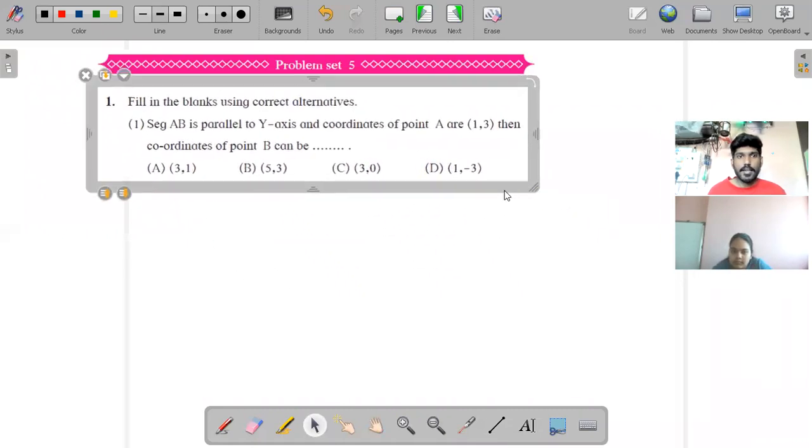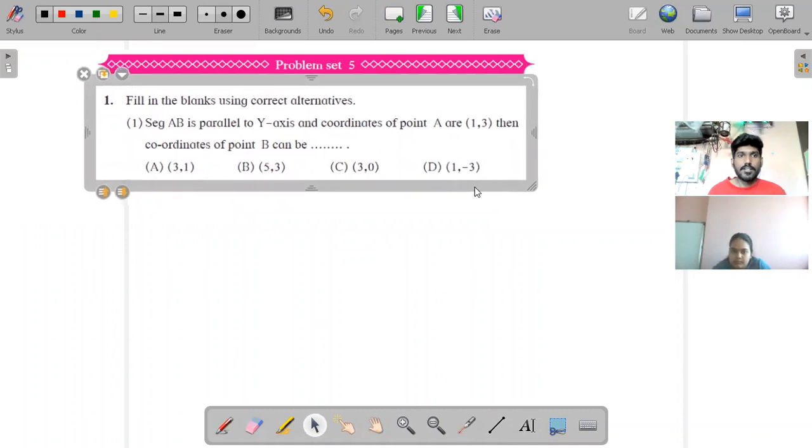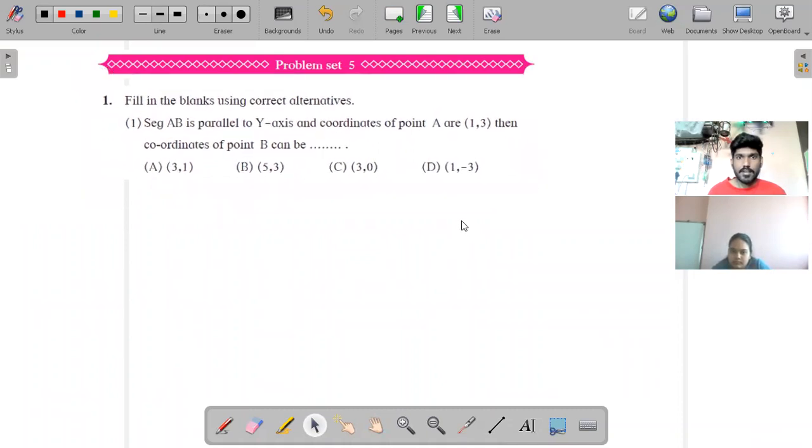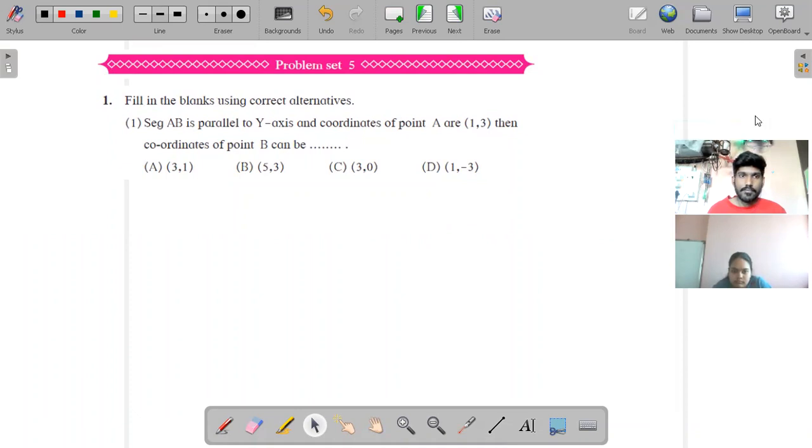Segment AP is parallel to the y-axis and coordinates of A are 1, 3. Then coordinates of point P can be, 3, 1. Because the segment AB is parallel to the y-axis.